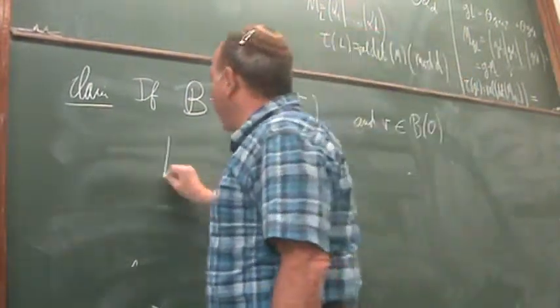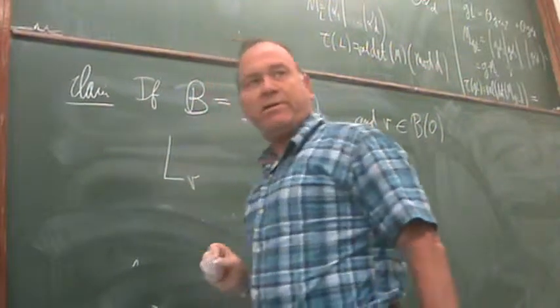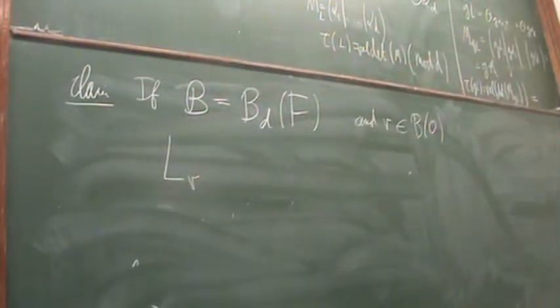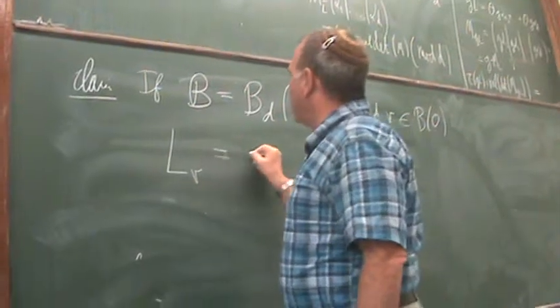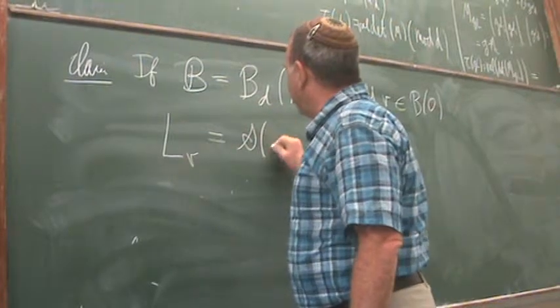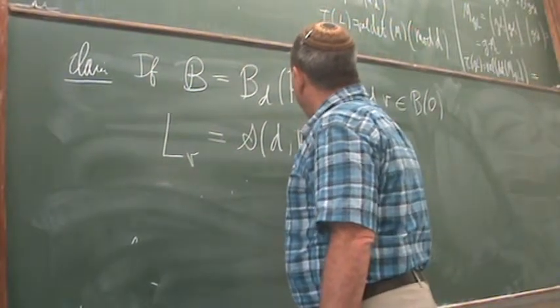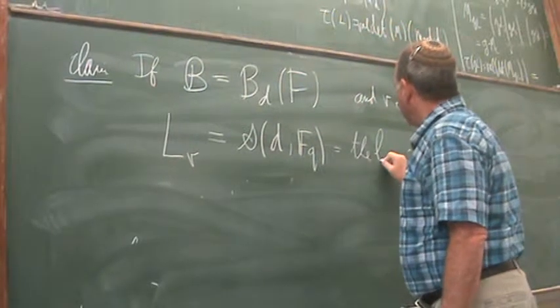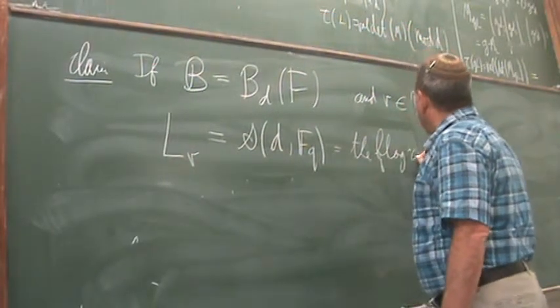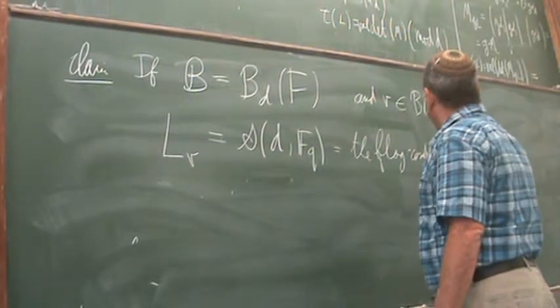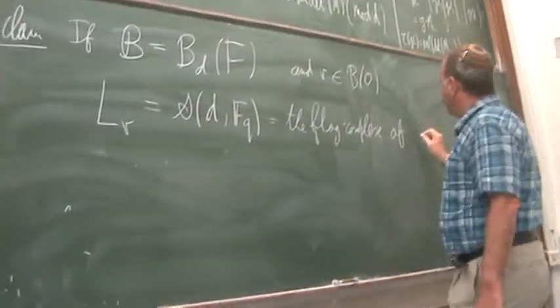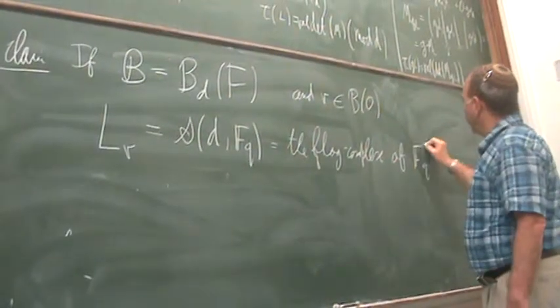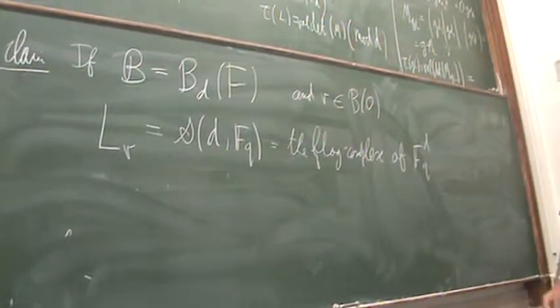then I claim that the link L_V, the link at the vertex V, is exactly what we call the spherical building S_D(F_q), which, if you remember, is the flag complex of F_q to the D, of the finite F_q to the D. So it's a finite complex.